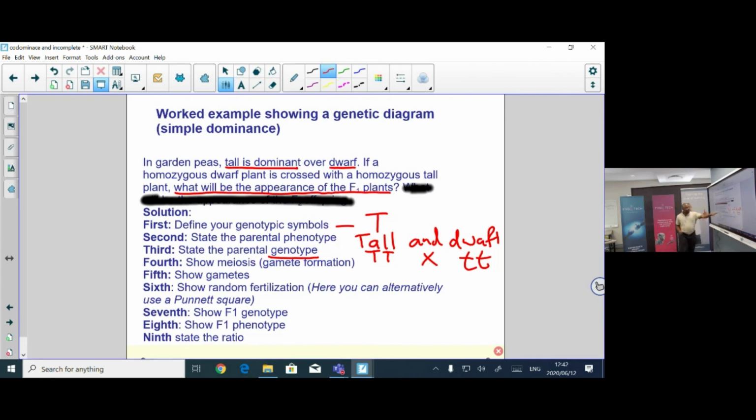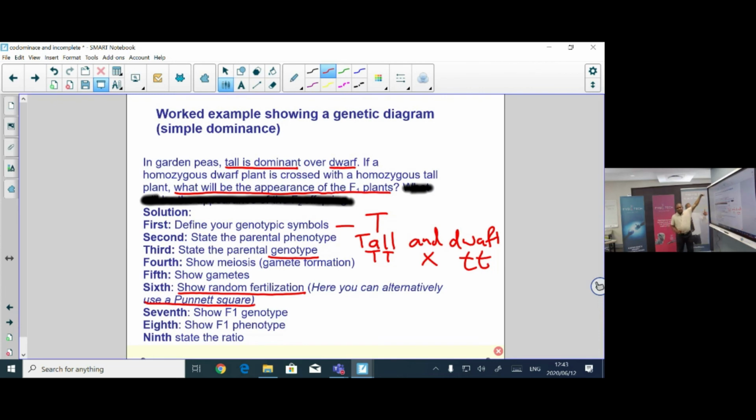Fourth, show meiosis, gamete formation. Show the gametes. Show random fertilization, and I've said here we can use a Punnett square. Some of my learners always think that a Punnett square shows all these stages. No, a Punnett square only shows part of the problem, random fertilization. Which gamete of this one can meet that one? That probability, that chance of this and this meeting, is the only thing shown by the Punnett square.